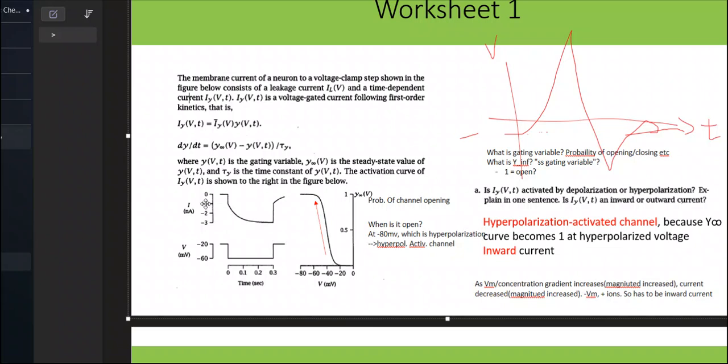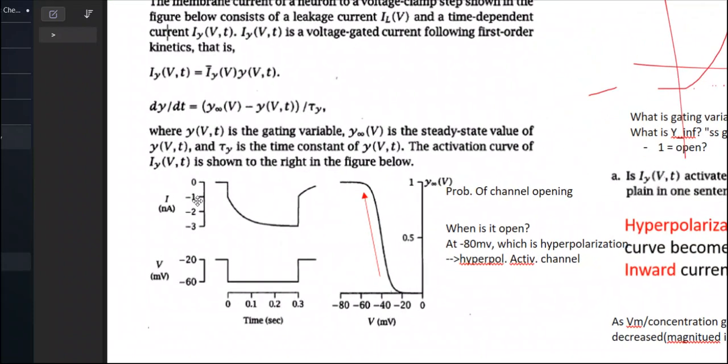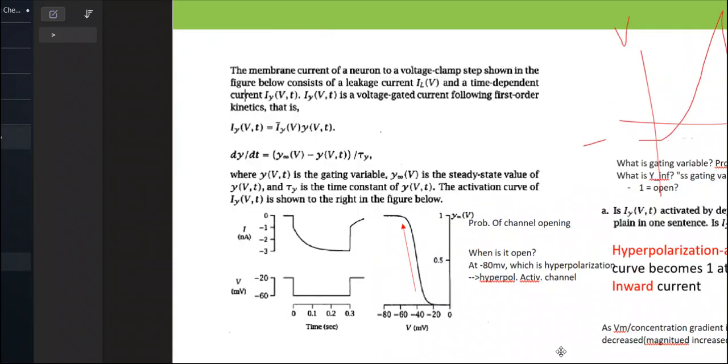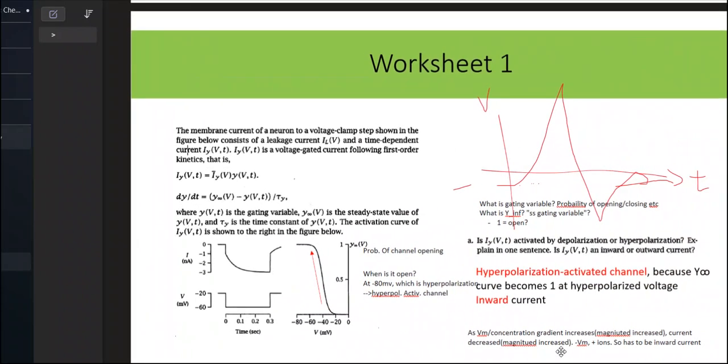So going back, we see that as the current is going down, from the resting membrane voltage, it's going inward, so it's an inward current.